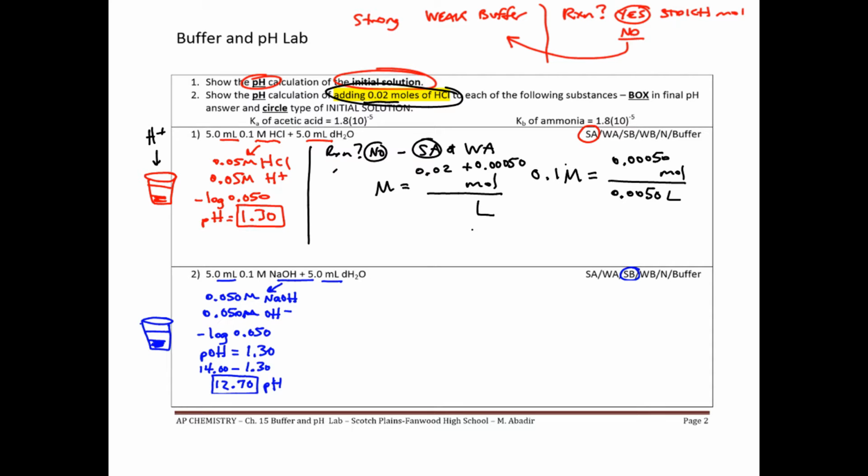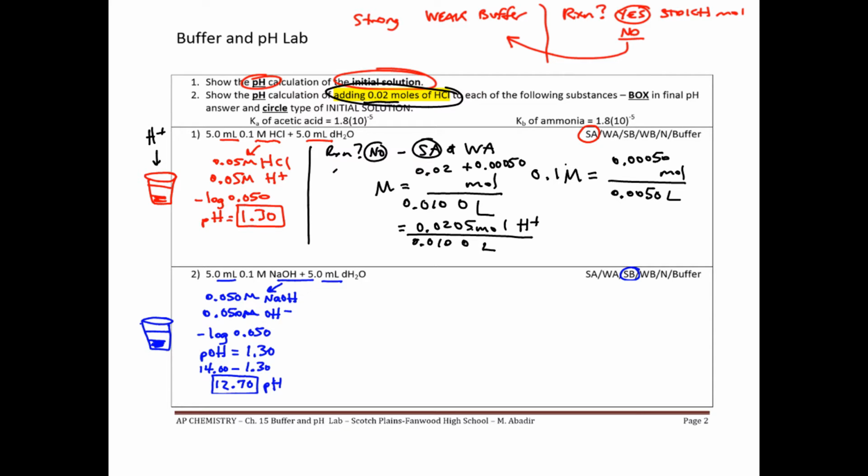Now you're going to add that to this 0.02, and the total volume is going to be 10 milliliters. So that's going to be 0.0205 moles of H plus per, oh, I'm sorry, really messing that one up. My bad, 0.01 liters. So now you're going to put this over here.